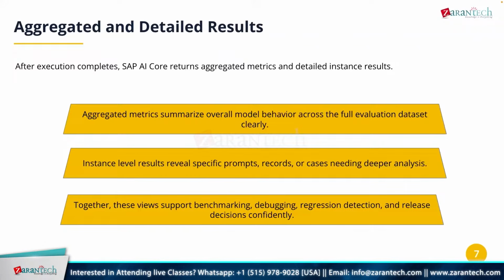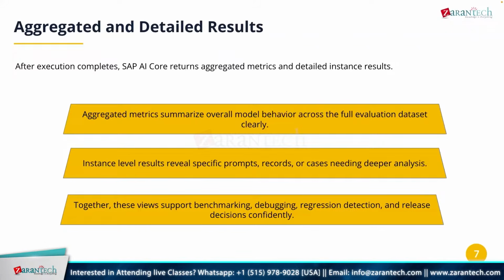Output artifacts are generally stored in object storage. The important thing I want to highlight is this, because a very common confusion exists: SAP AI Core does not automatically compute your ML metrics. Metrics like accuracy, precision, recall, loss are only available if you explicitly compute them in your code and log or store them.